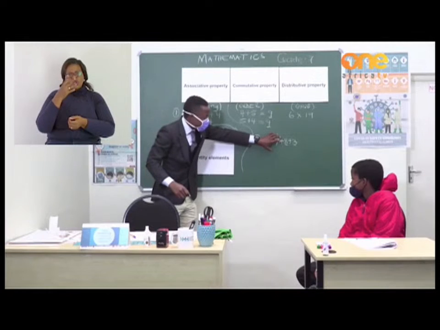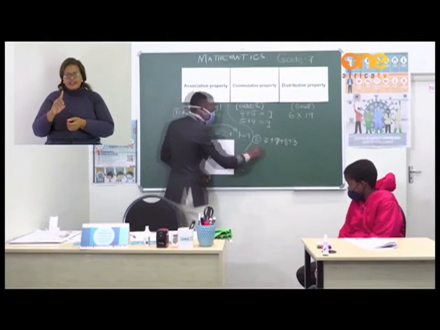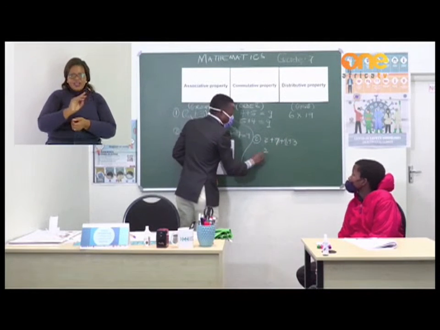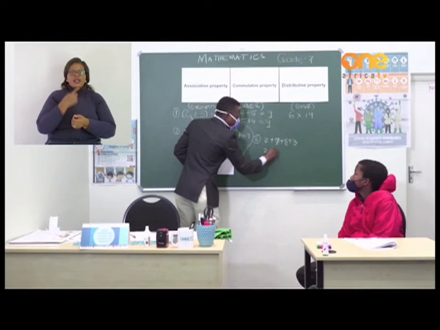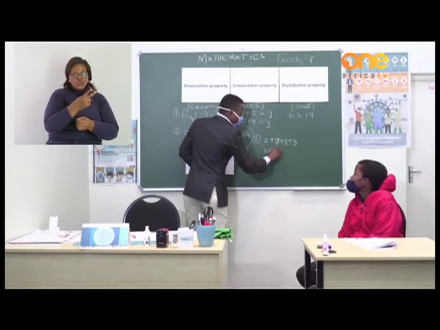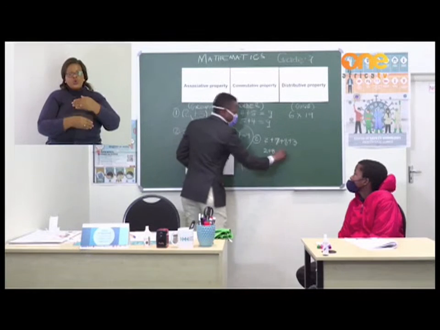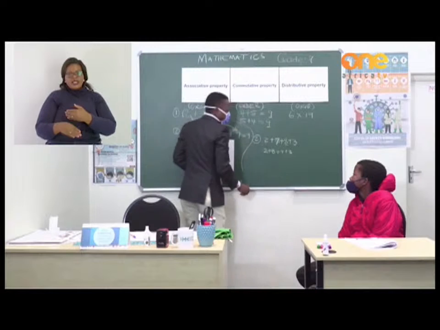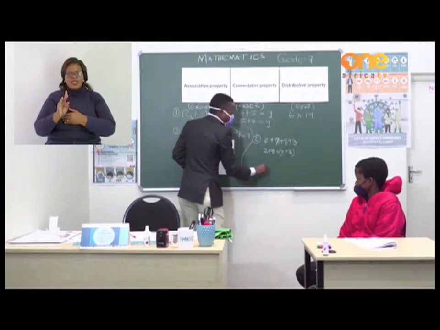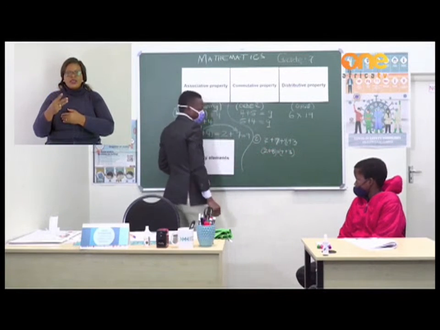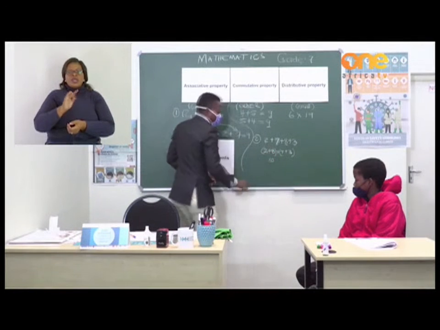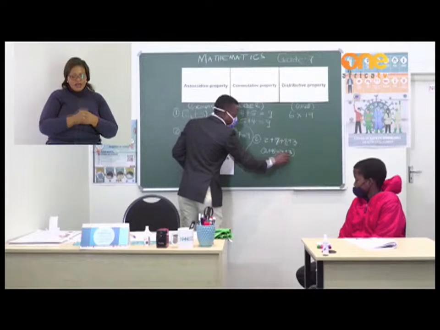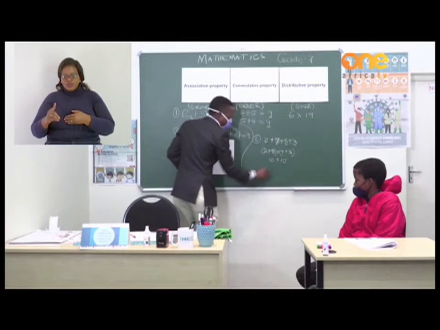So I can change the order of these numbers and start by saying, for example, I can take 2 plus 8 plus 7 plus 3. I can do this. So if I add 2 to 8, I'll get a 10. If I add 7 to 3, I'll get a 10.